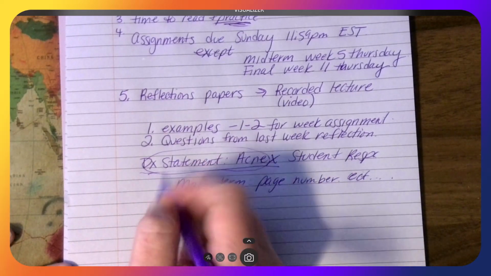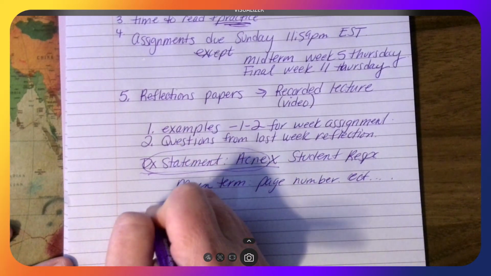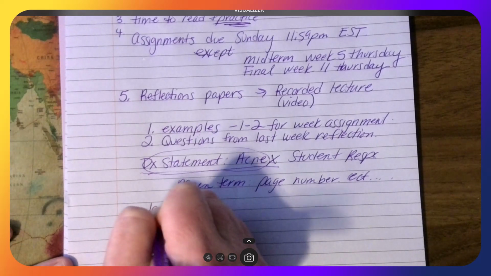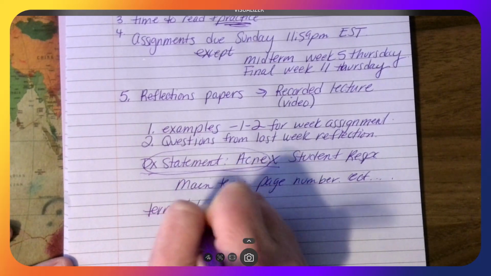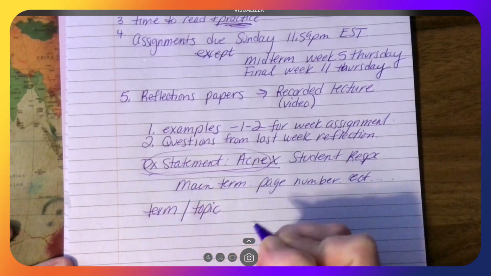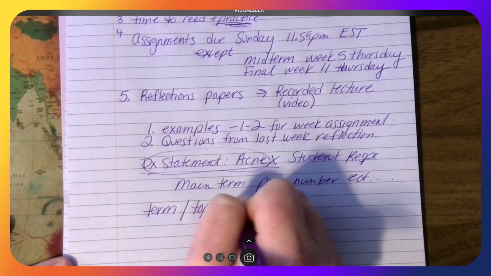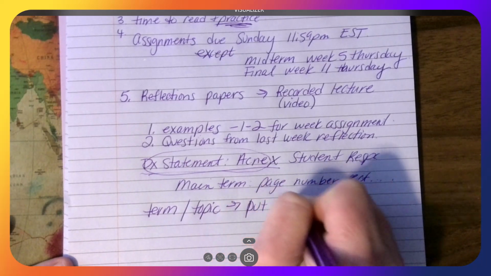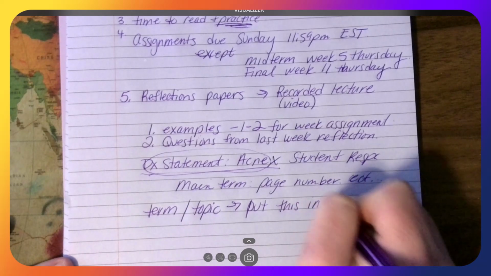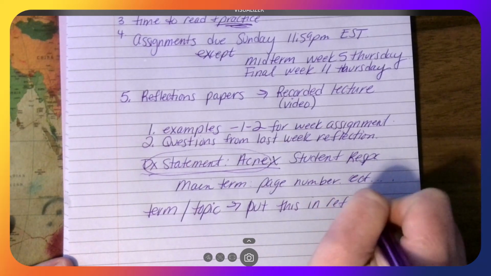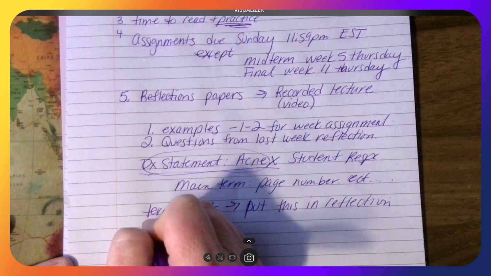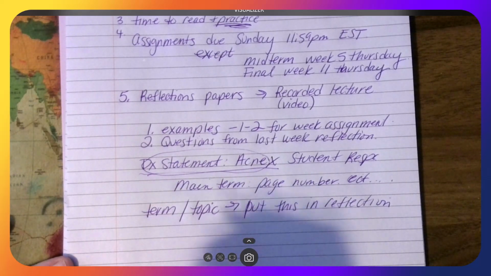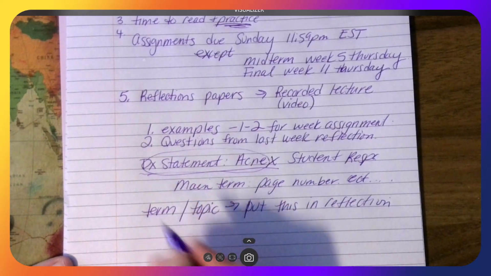In addition, if there is a term or topic that is confusing to you, put this in reflection, and then I will develop a short little lecture.